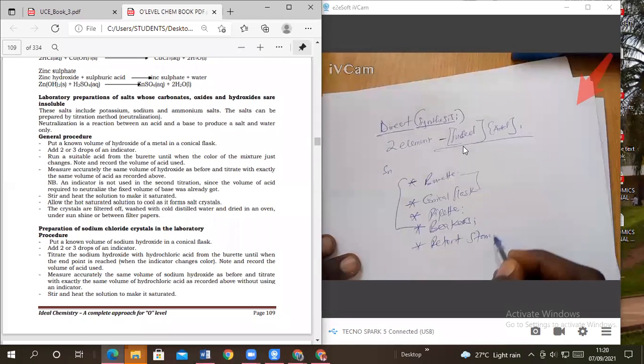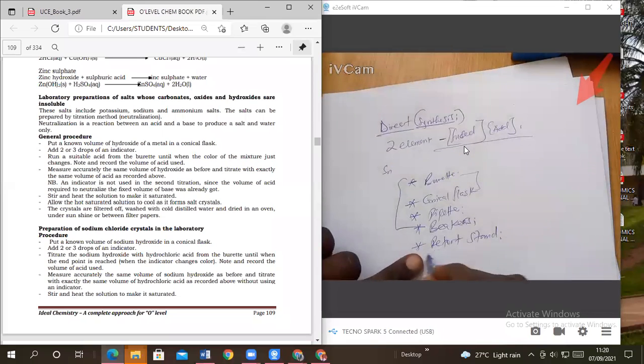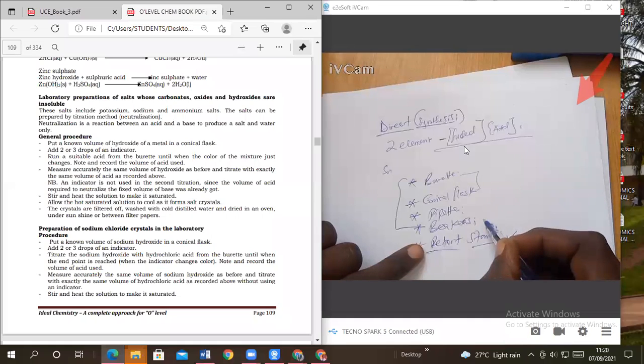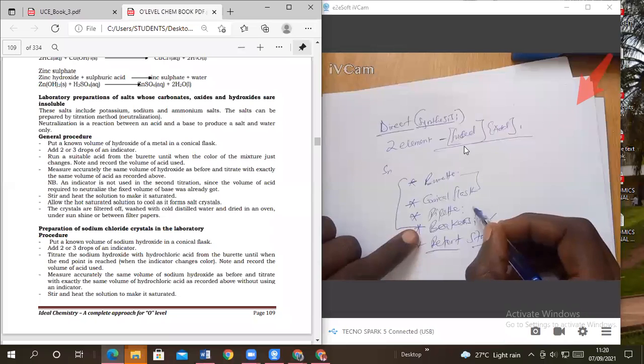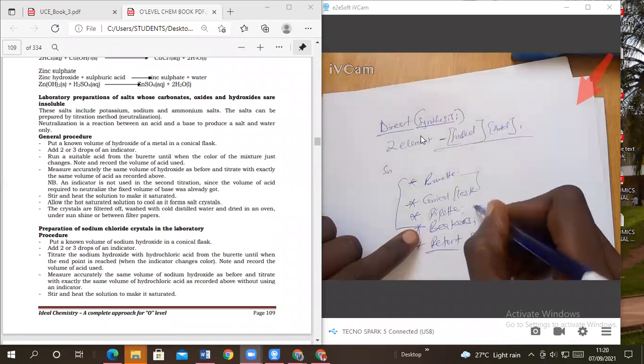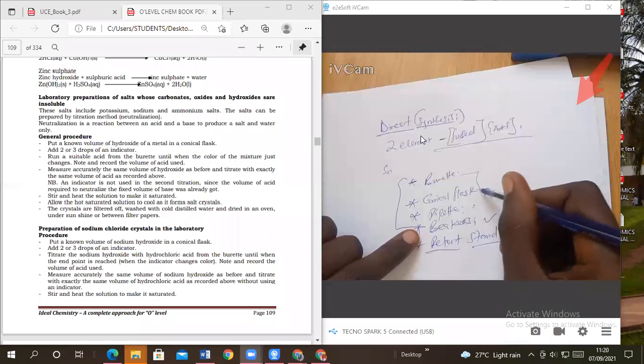Senior 2s, we know how a retort stand looks like, and how beakers look like. Do you know how a pipette looks like? A pipette, conical flask, and a burette.